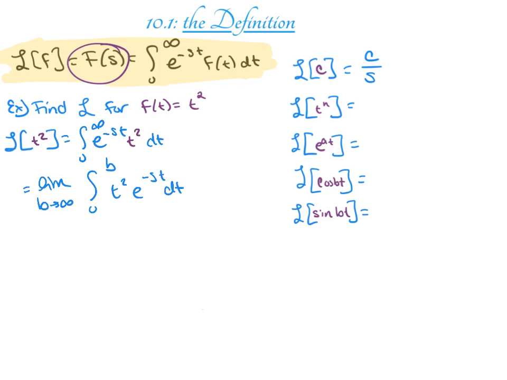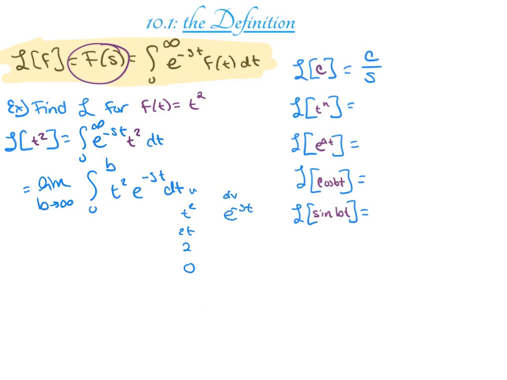And this needs integration by parts twice, so I'm going to do the tabular method. We've got t squared, 2t, 2, and 0 for our u, and for our dv, we have e to the negative st.